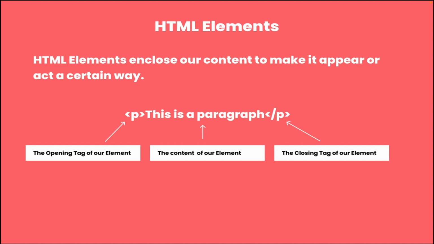Now there are some exceptions to this rule, as there are self-closing tags and tags that do not require any content. And when we come across those, I'll make sure and mention them. But they are the exception, not the rule. Now, let's go to Visual Studio Code and take a look at creating an HTML element.